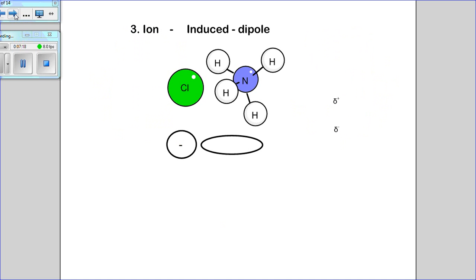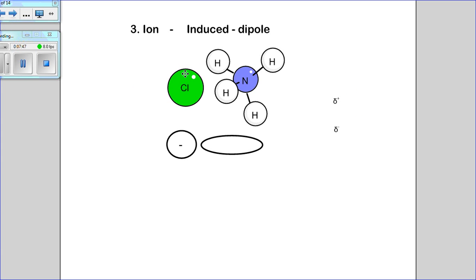Then the third example we will look at is an ion in an induced dipole. If we have CCl4, carbon tetrachloride, as a solution, and we place NaCl in this carbon tetrachloride, we'll see that the table salt, the NaCl, does not readily dissolve in it.